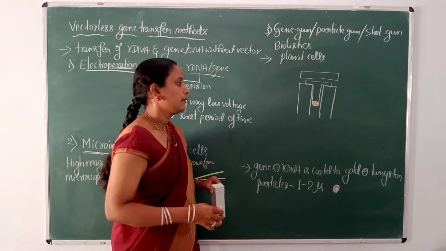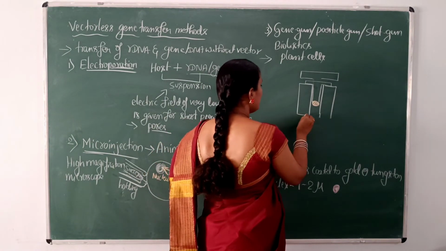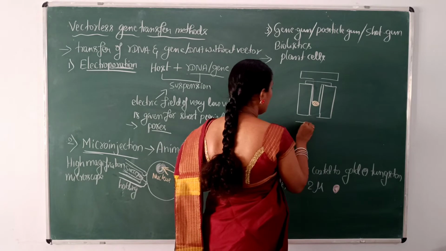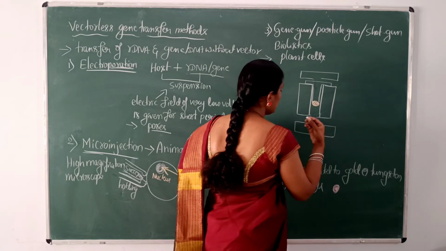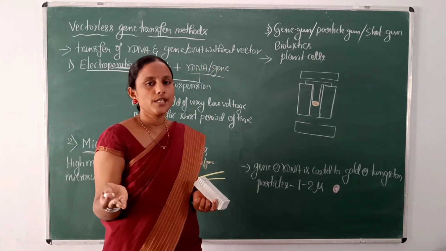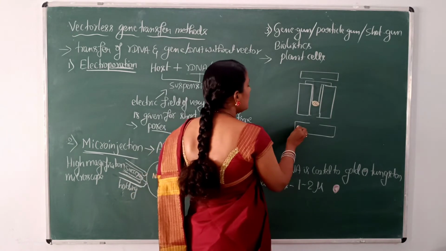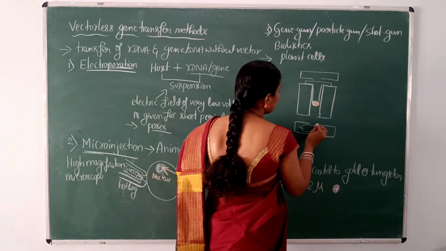Right, then below this chamber, there is a holding panel for the host. As I told, this method is usually used for transferring genes to plants. So they place the leaf here.